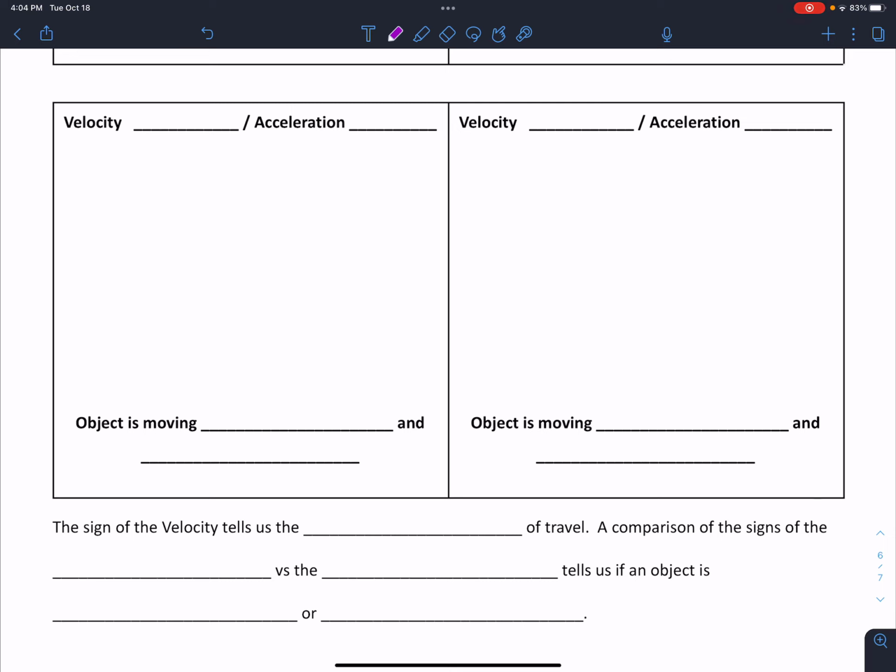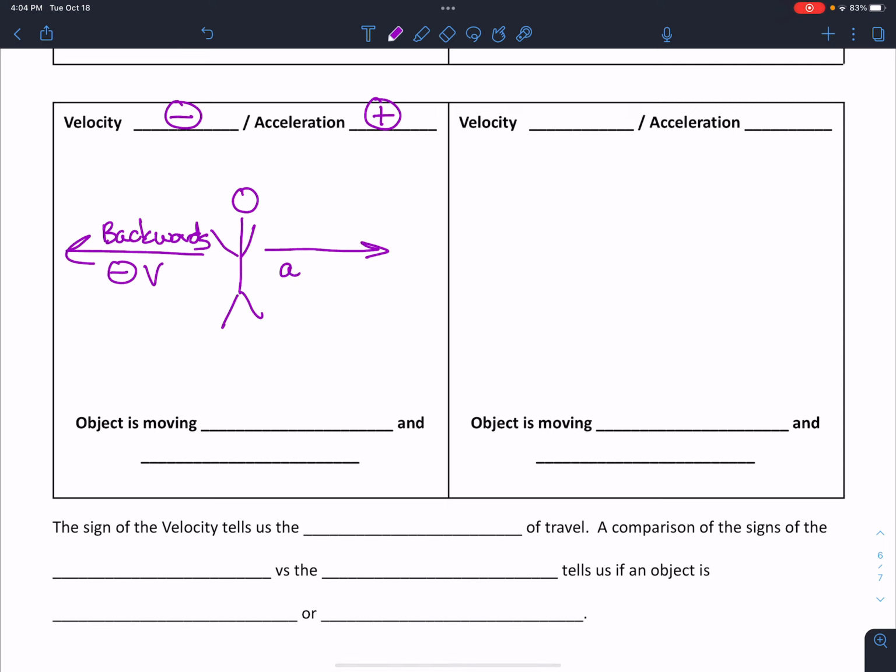Now let's switch. Let's say instead the velocity is negative and the acceleration is positive. In this case, we've got our person, and the person is moving backwards this time. I know that because my velocity value is negative. But their acceleration is positive, so it's in the opposite direction.